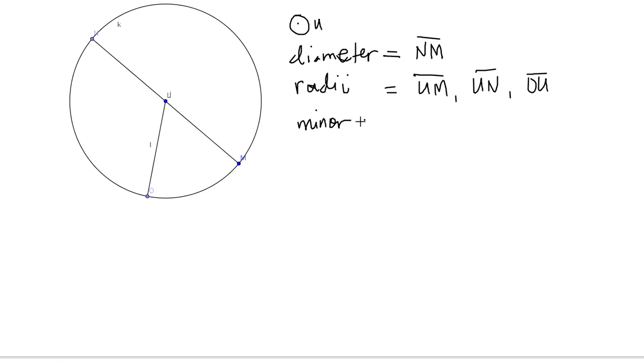And then I have minor arcs. We have OM, and we have ON, big N. Those are my minor arcs.